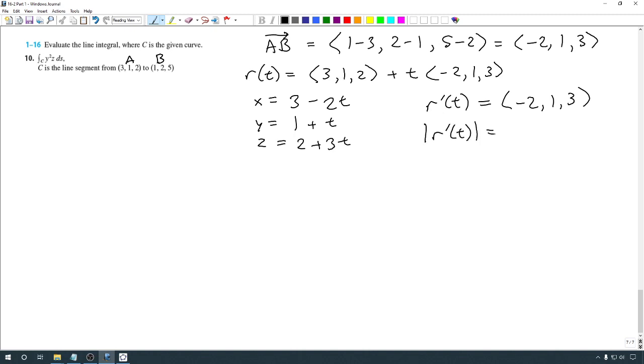And when we actually take the magnitude of this, remember it's the square root of all these squared, so 4 plus 1 plus 9, we get a square root of 14. So you can see here that all the derivative stuff can actually be handled by just finding the vector along the line, but we do actually need to know these parametric equations for when we evaluate the integral.